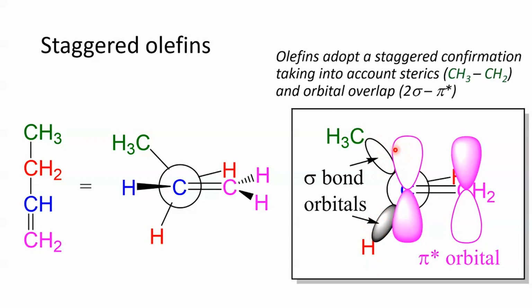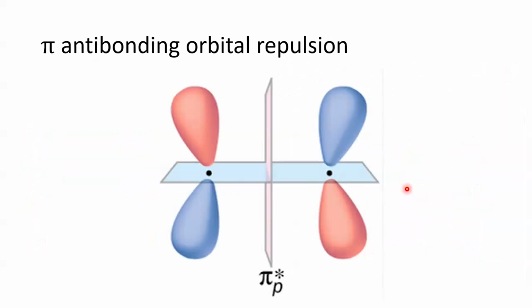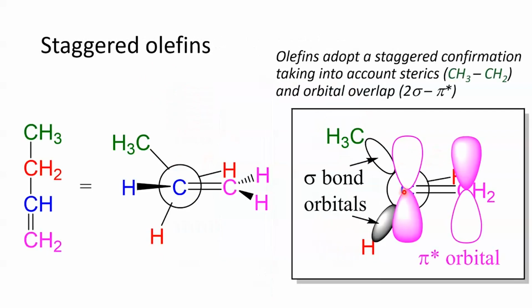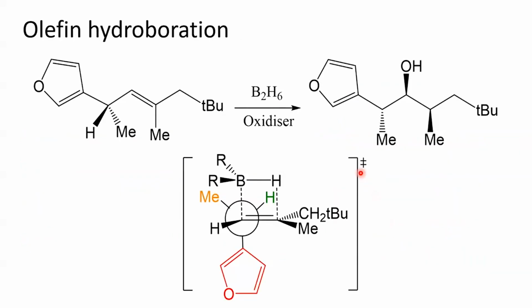So again, this delocalization that can occur, stabilizing the pi anti-bonding orbital, is a factor whereby olefins will adopt this staggered conformation, especially when you consider that the pi anti-bonding orbital actually will repel, adopting this shape more so than this shape. So really, these orbitals should be repelling and really overlapping the sigma orbitals behind them. Now back to our olefin hydroboration.